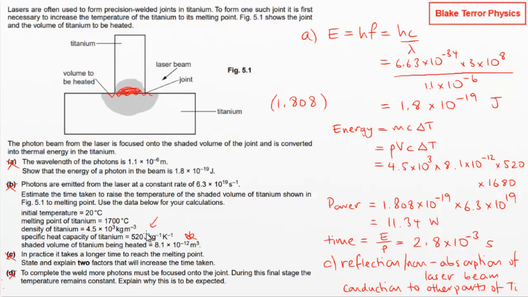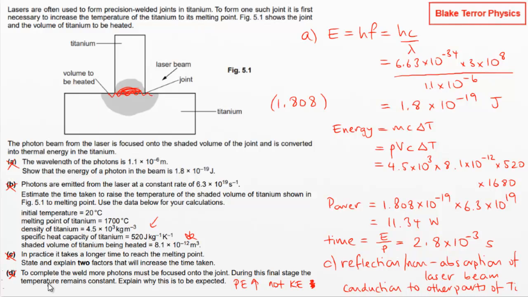So it's one thing getting it up to the melting point, but this is what happens when we get a change in our phase of matter. So we're going from solid to liquid. So here the energy is going into the potential energy. It's potential energy that's increasing, not the kinetic energy, which means the temperature will remain the same.